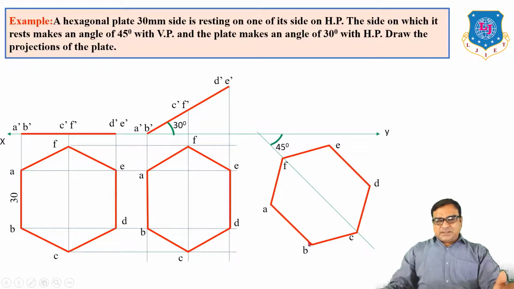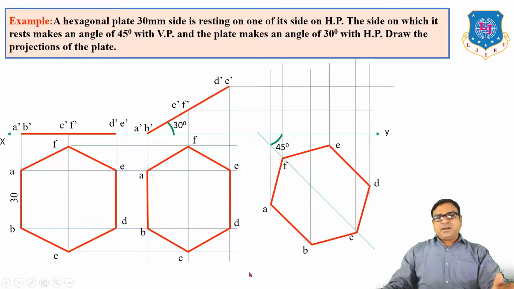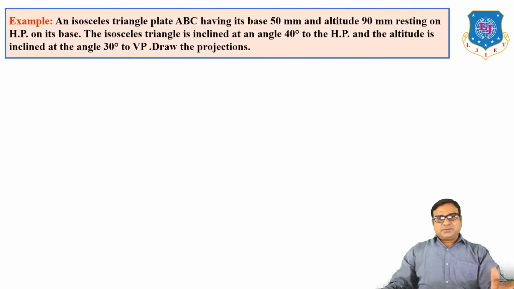Here you can see AB and FC are both parallel, so the angle of AB is also 45 degrees with VP. For the front view, draw vertical and horizontal lines. Obtain points A dash, B dash, C dash, D dash, E dash, F dash and join with straight lines. So this is the front view and top view of the hexagon.